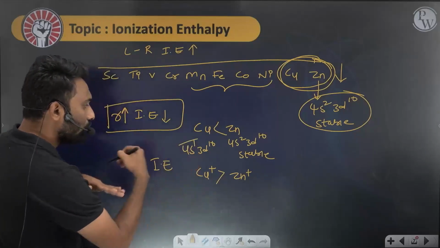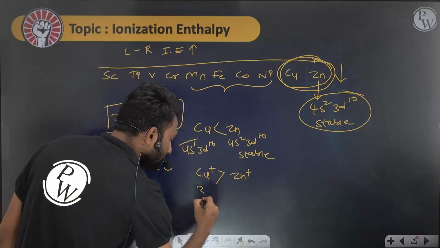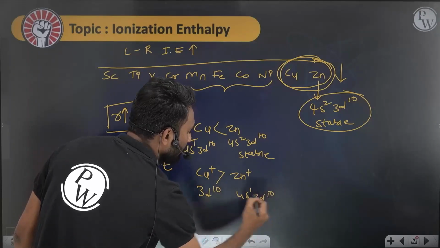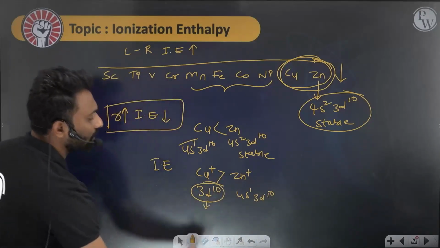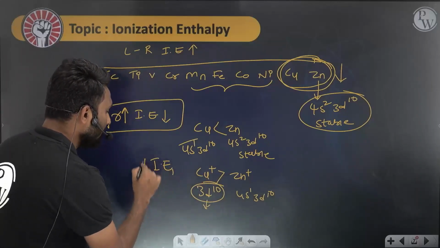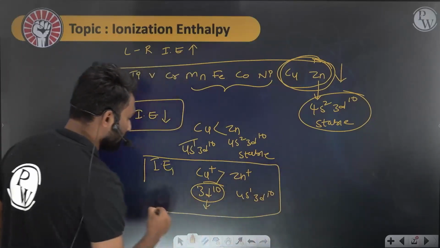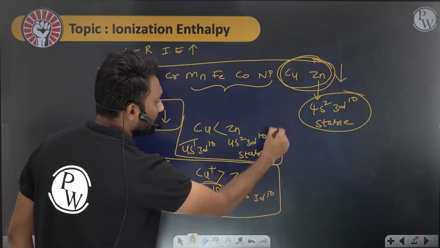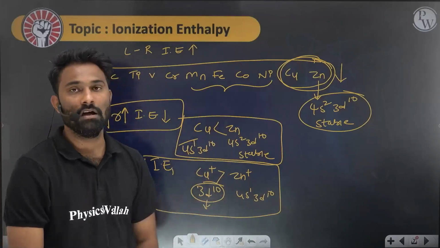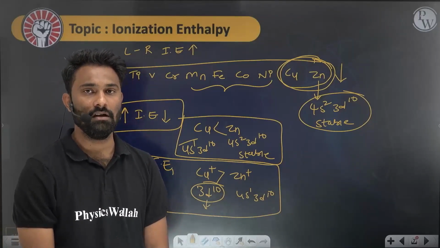Because if you remove one electron from here, from 3d10 it will become 4s1 3d10. Now this is not the stable electronic configuration. Due to the presence of the stable electronic configuration, IE1 for Cu+ will be more. In the ground state, zinc is having the more ionization energy than the copper. Okay.